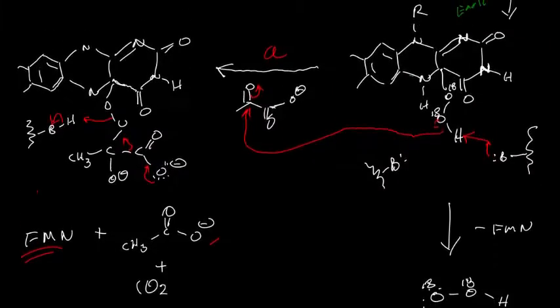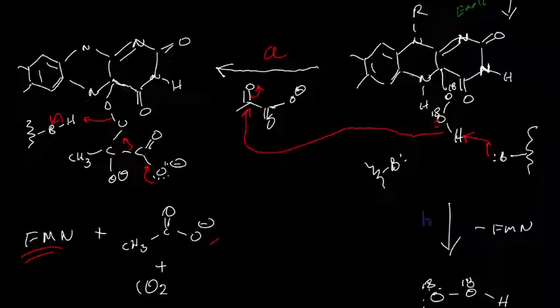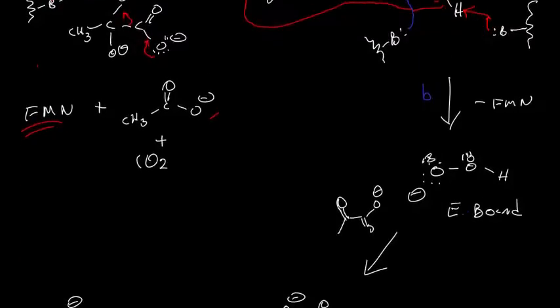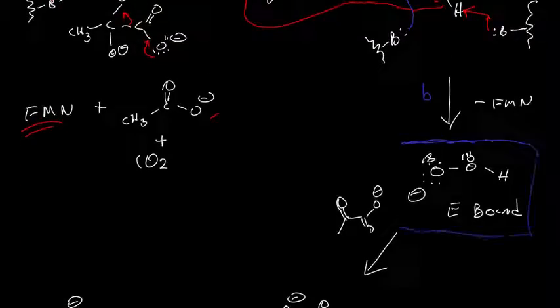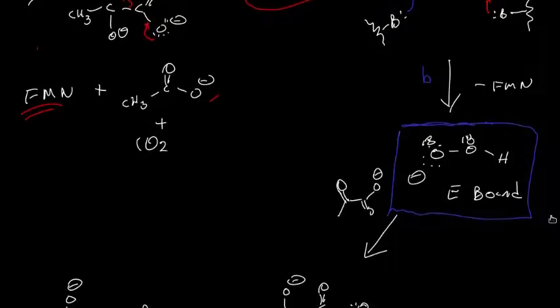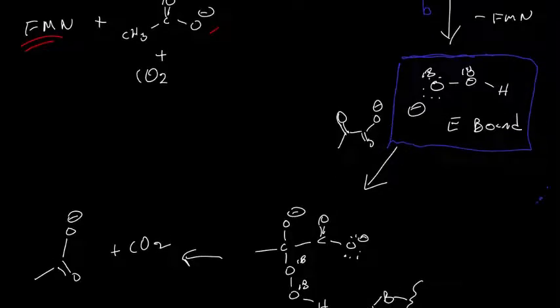The other possibility we'll call pathway B, and in this case we generate a peroxide that's bound to the enzyme instead. I'll show you that here. So another basic residue on the enzyme attacks this proton here. This falls into here and then kicks out this peroxide. It's bound to the enzyme. Now it does a similar reaction.